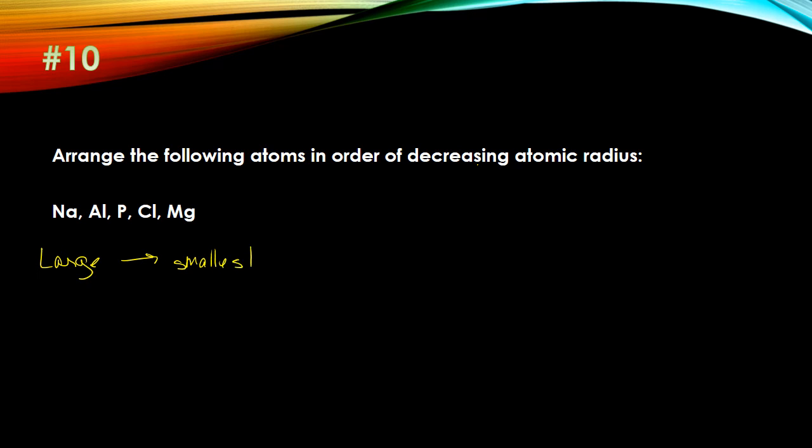And what I just wrote down is often very helpful for students and for me when I grade your test, because I know what you mean. And if you misinterpret the question and write them in terms of increasing atomic radius, then I know that you still know the correct answer because you've given me a clue with the largest to the smallest.